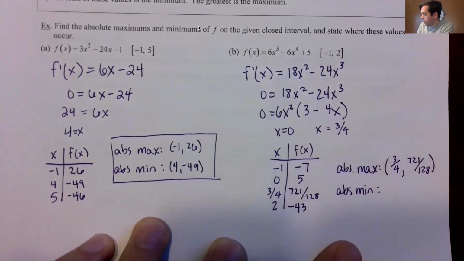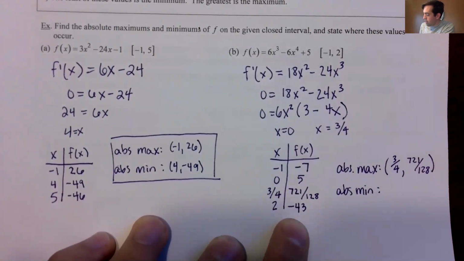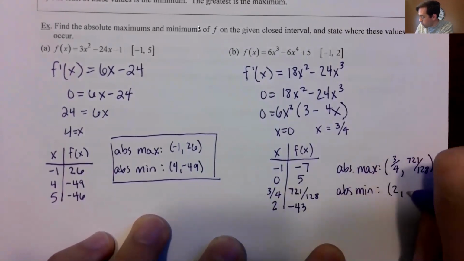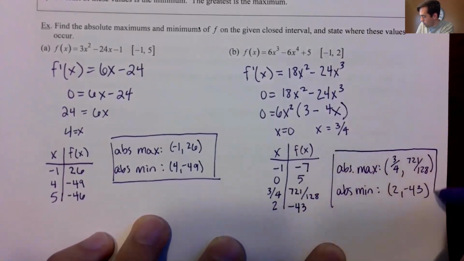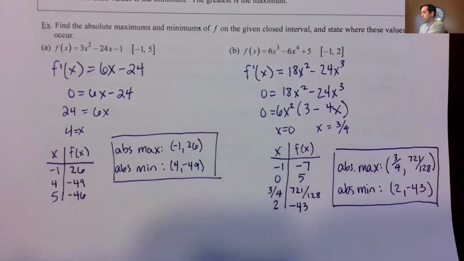And just to verify there, 721 divided by 128 is 5.6 something, so that's bigger than 5. And the absolute minimum has a y value of negative 43. So we have 2, negative 43. There we go. So that's our absolute maxes and mins. All right, let's keep going.